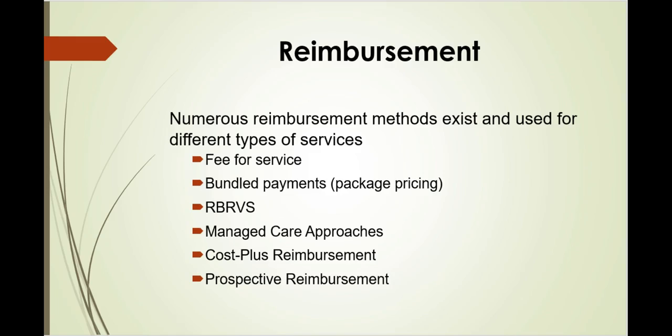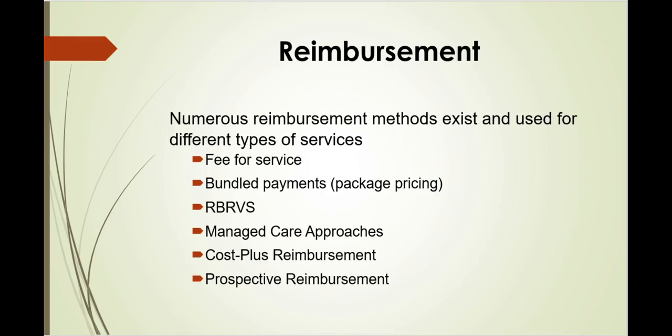Relative value units for each service are adjusted to reflect geographical cost variations. So this uses the Geographical Practice Cost Index. Each year, Medicare establishes a dollar conversion factor, and reimbursement for a service equals relative value units times that dollar conversion factor that is established by Medicare.